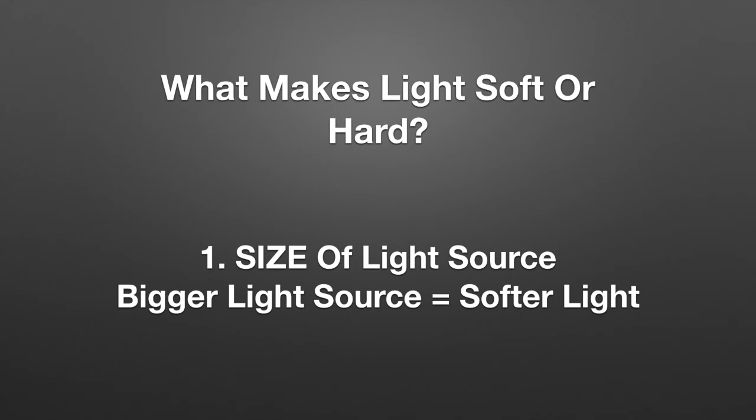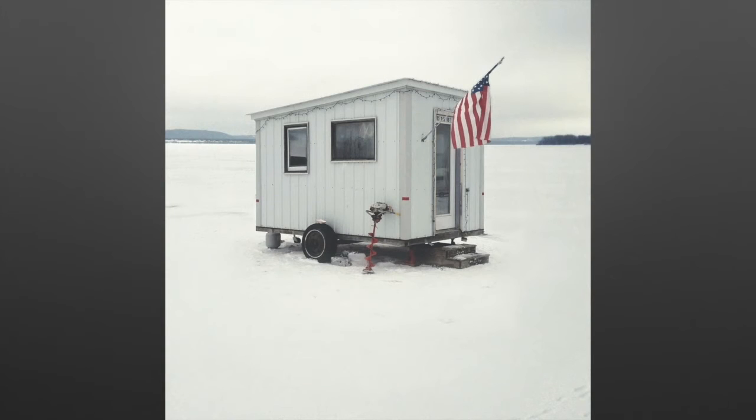So if you think about the example I was giving you earlier about a sunny day and a cloudy day, on a cloudy day, your light source is very big because your light source is the entire sky. It's all of those clouds in the sky. That is a giant light source that is casting light down on you, and that's what makes the light very soft.